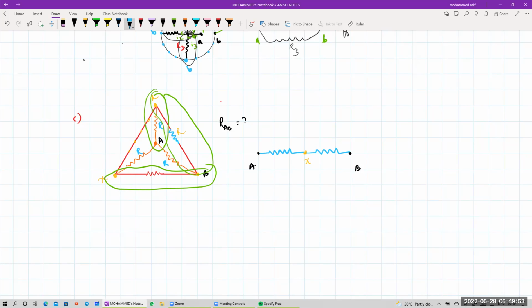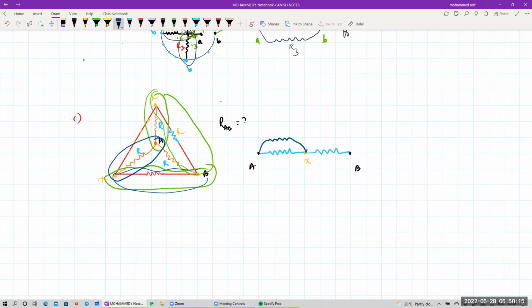Yes sir. Then see where else, here also there is one more resistance. See, if you look carefully, this one, A and X, one more resistance. Yes sir. So I'll write here A and X, one more resistance like this, isn't it? B and X, one more resistance, this one. Yes sir.